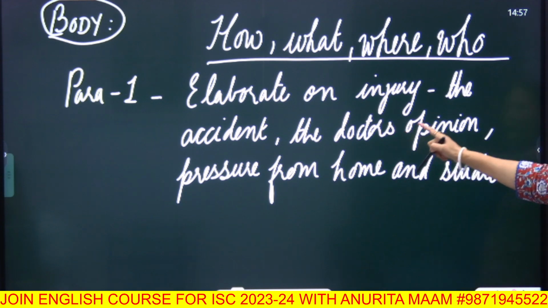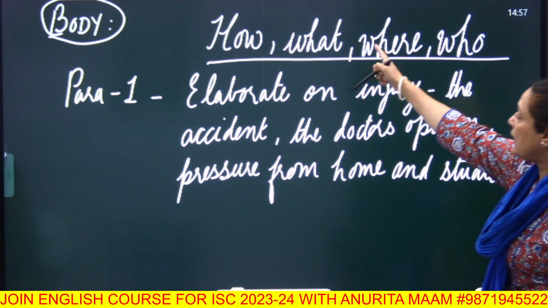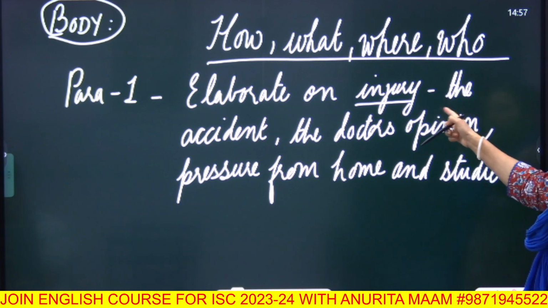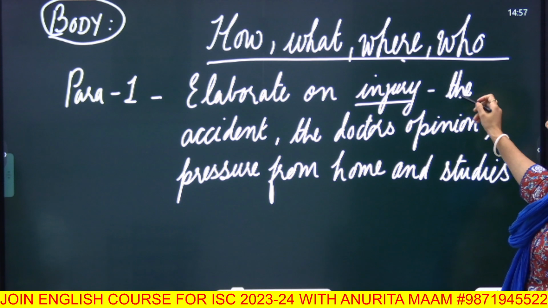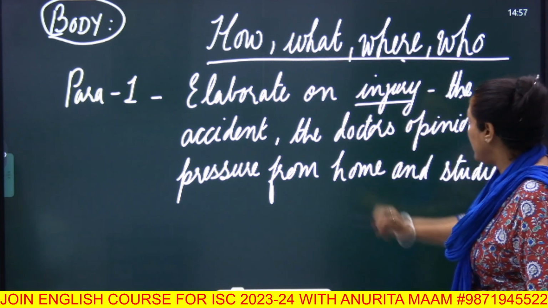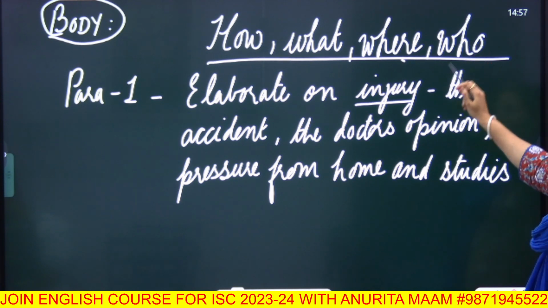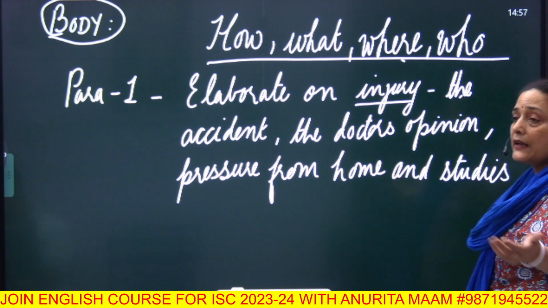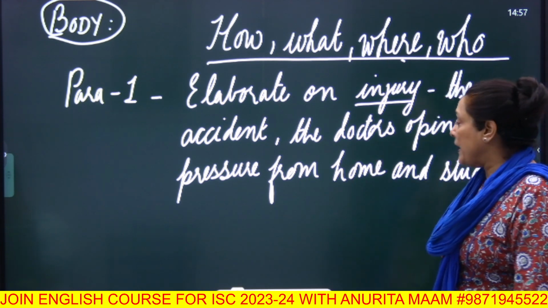Okay, elaborate on the injury. क्या हुआ था? Injury हुई थी. Elaborate about the accident. Where did it happen? How did it happen? Who was responsible for the accident? Then you can also write that the condition was, what was the doctor's opinion?